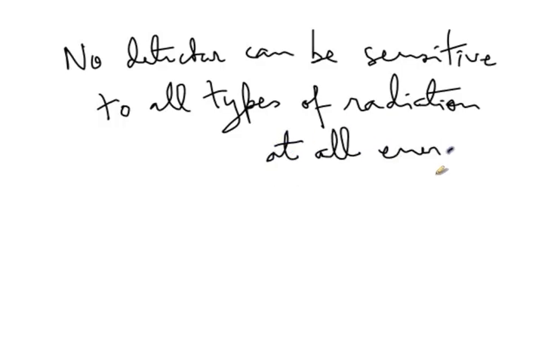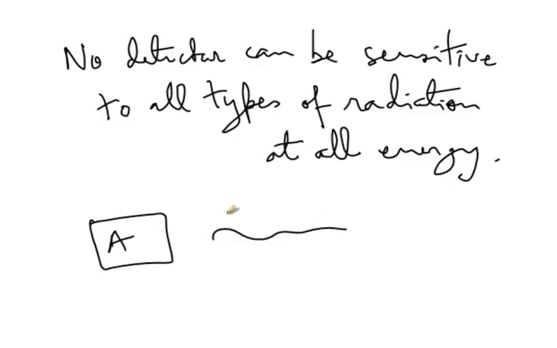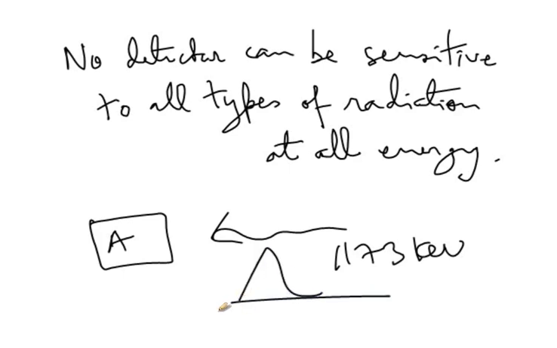What does this mean? It means, suppose I have got a good detector, suppose some A, it is able to detect gamma ray of energy 1173 keV. Okay, I am getting a signal like this, good. Now suppose I use a different source where the energy is just 70 keV. Same, it is also a gamma ray, right?